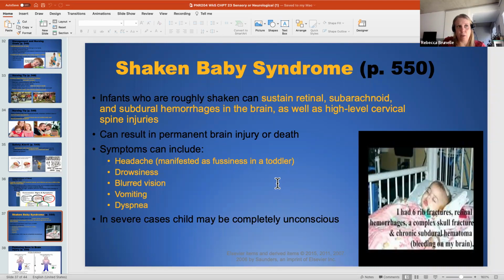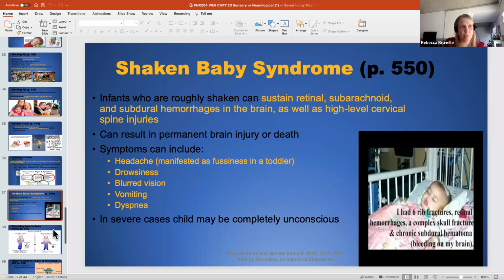So anything you can think of in terms of what a kid with increased intracranial pressure would look like, that's what you would suspect in shaken baby syndrome. But they might also just have vomiting, blurred vision, be a little bit sleepy, or have a headache that you would see in a toddler who was just really fussy. And if it's a very bad injury, they can be completely unconscious, and you can die from shaken baby syndrome.